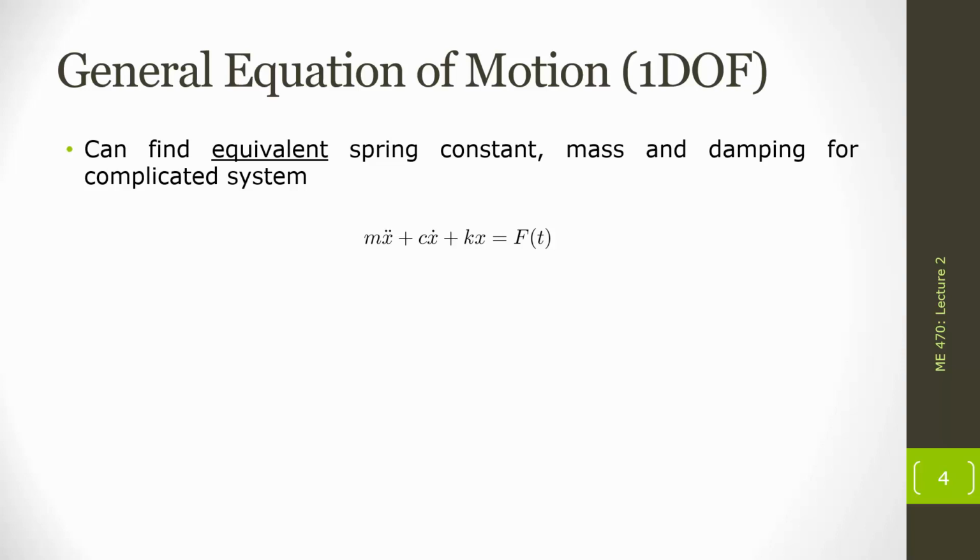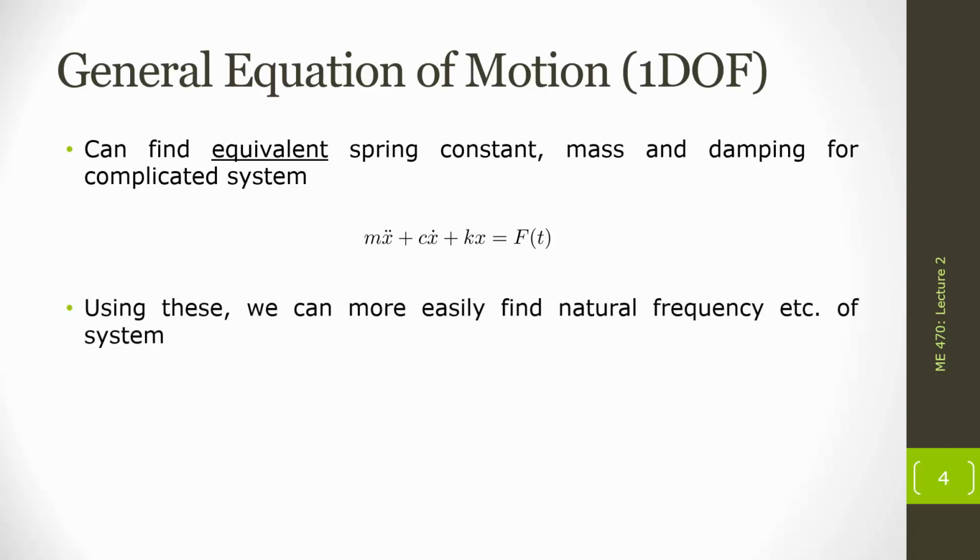So in a way, what we're going to be doing is adding up all the masses in our system, and that's going to be our equivalent mass, adding up all of our damping coefficients, adding up all of our spring constants. Now, we can't simply add them together, though, because of the different ways the degrees of freedom are going to relate to each other, and that's where our approach using Lagrange's equation is going to come into play in the upcoming slides.